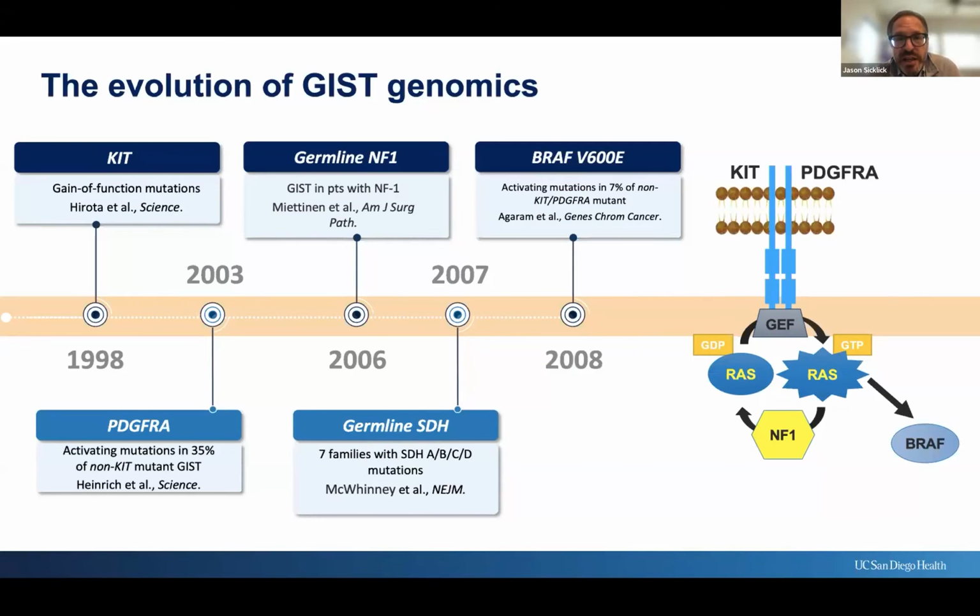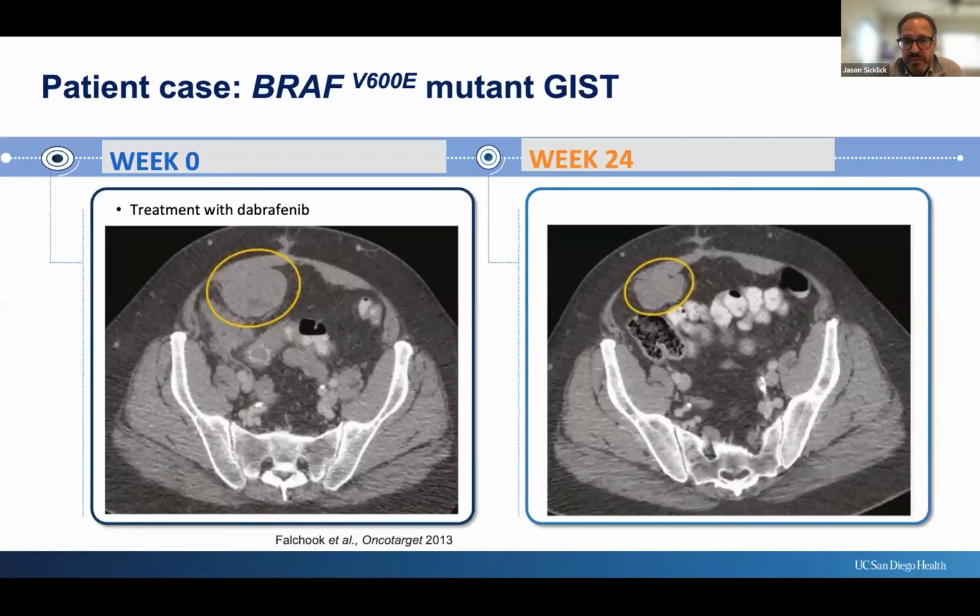Subsequently, returning to our understanding of this signaling pathway downstream of KIT and PDGF, just one step past the RAS NF1 step there is BRAF. And so mutations in BRAF at the V600E mutation site, which has also been strongly associated with melanoma, can also lead to GIST.